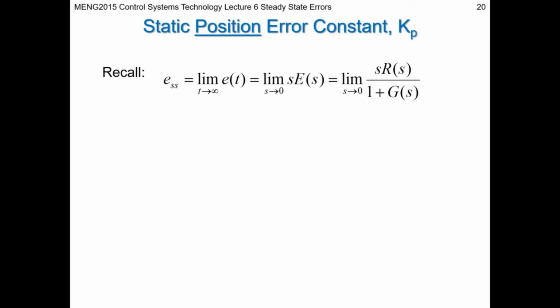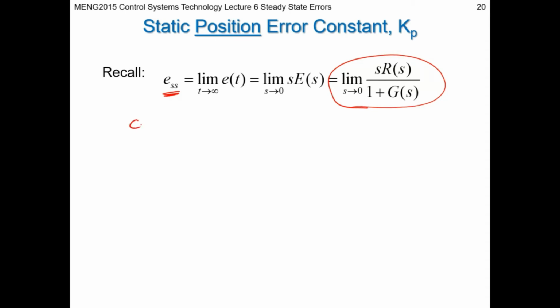Right, so our static position error constant. Remember that for a system, if we want to get the error, we can apply the final value theorem, and so we can just apply this to get our steady state error.